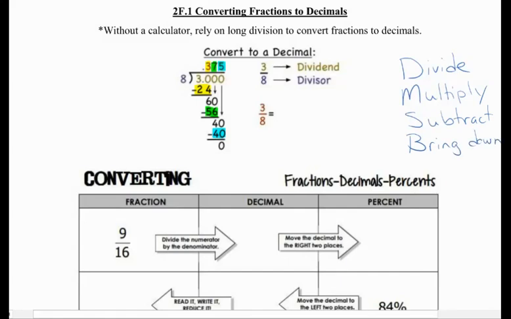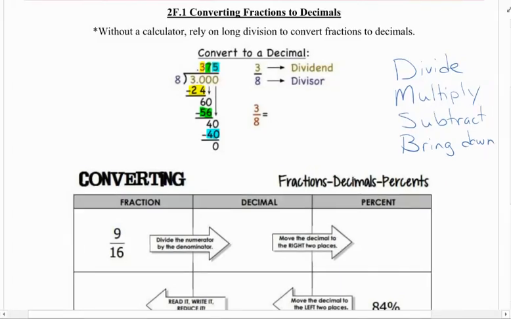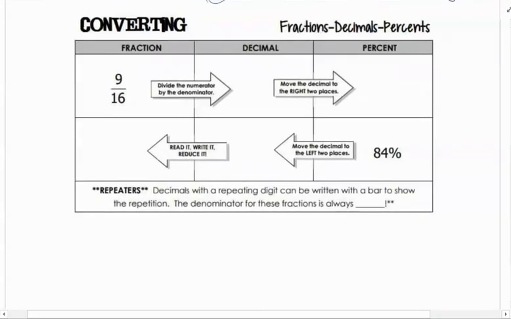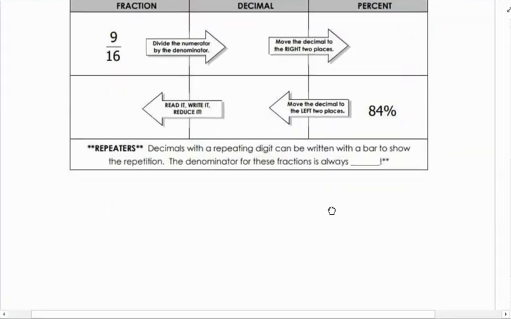And you follow this process until you are one place beyond. We either get a 0 as our remainder, or we are one place past the location that you need to round to.